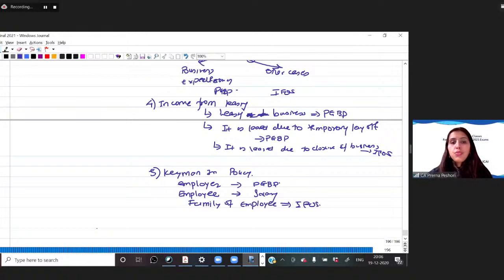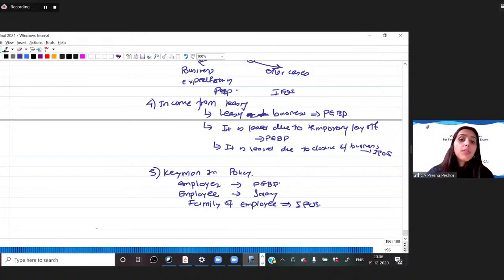Next question to you is, there was this one assessee whose agricultural lands were compulsorily acquired by the government. The assessee went and challenged the compensation which was awarded to him.